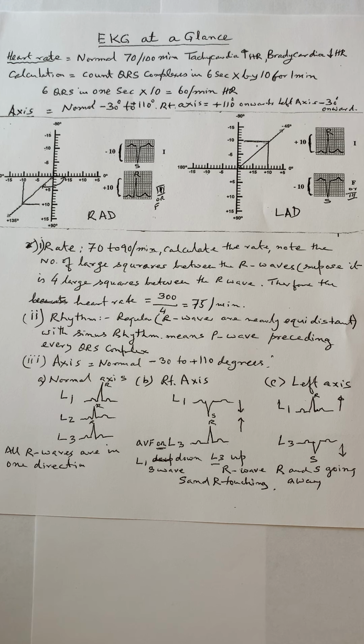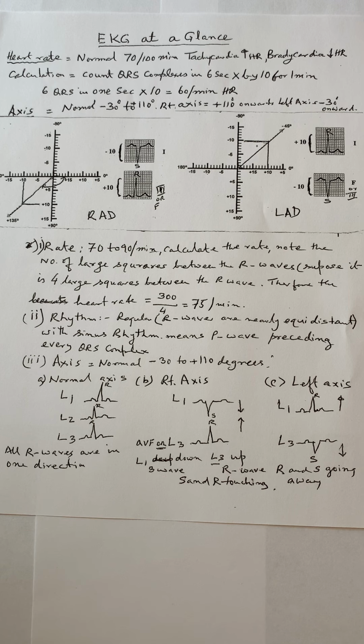Two methods you can apply. The first method is very good: count for 6 seconds how many QRS there are and multiply by 10. You will get the per-minute rate. It is good for irregular heart rate. If there is an irregular heart rate, then you can calculate by the 6 second method.